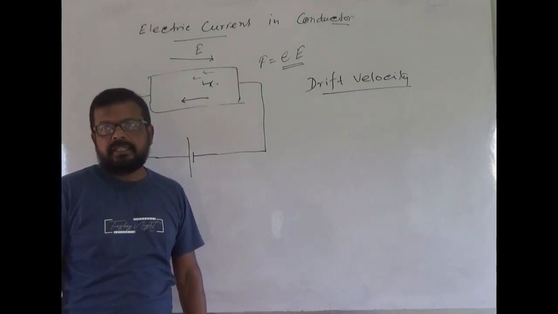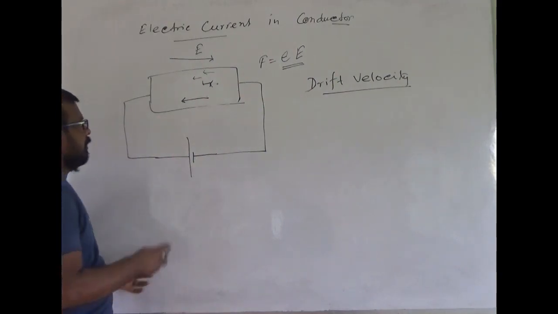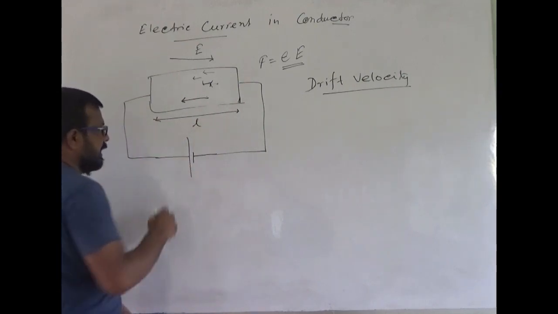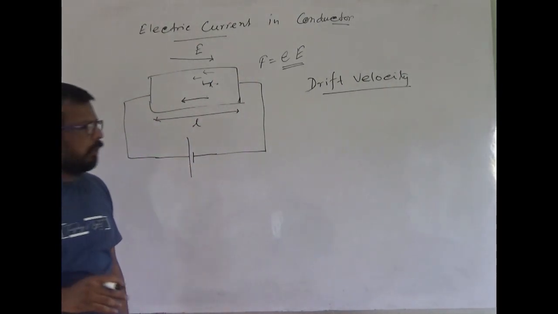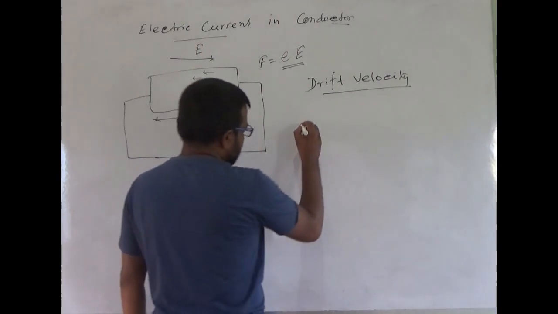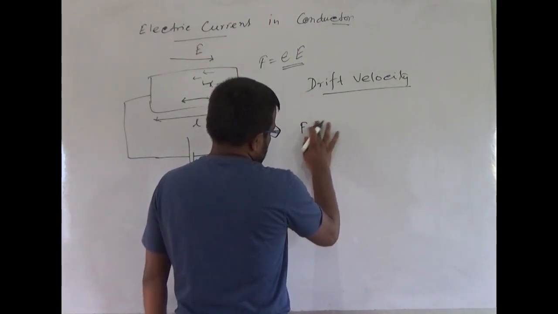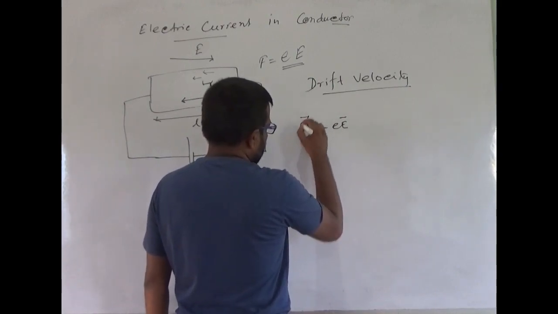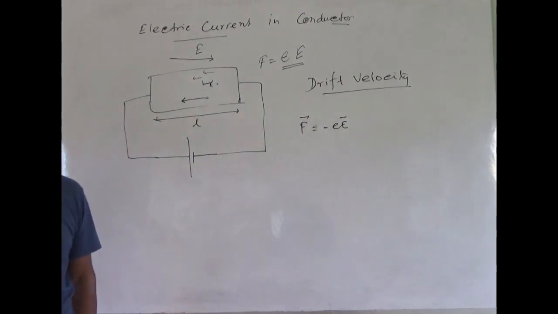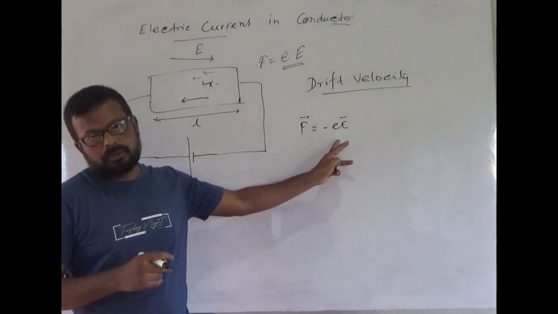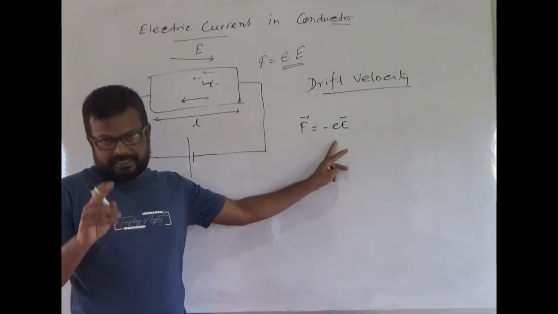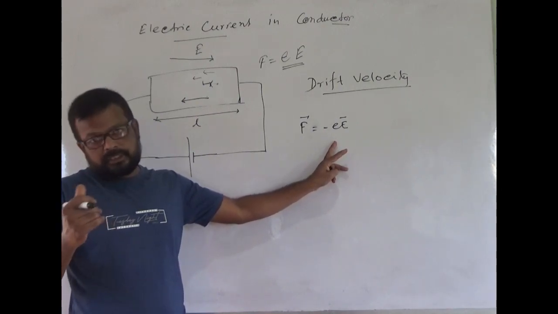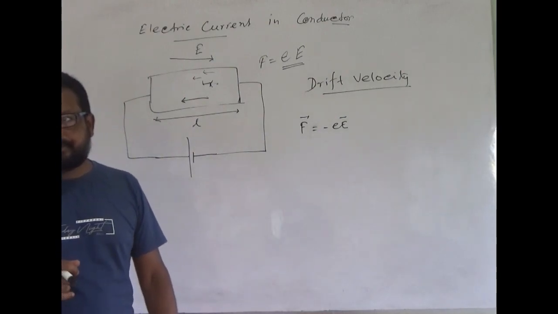The potential difference is V. Let the length of the conducting material be L. Since each and every electron experiences a force F equal to minus eE, this minus just signifies that the direction of the force is opposite to the applied electric field.